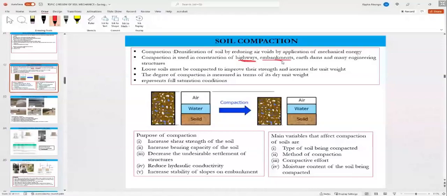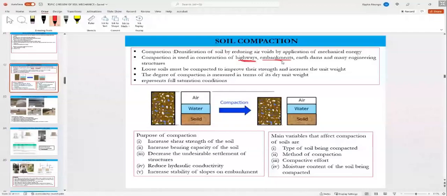For embankments, why would we compact? Okay, yeah, we can increase strength, yeah, bearing capacity. For embankments, yes, we increase the slope stability.